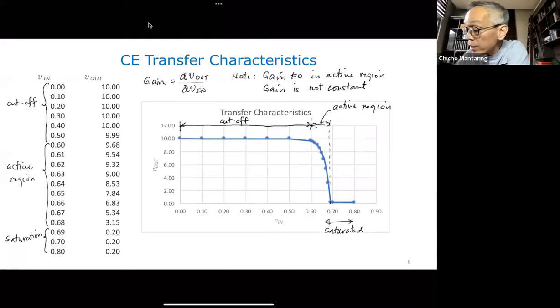Okay, what does this signify? This is the slope, right? This is the slope at the point. So, for example, my gain here, let's say I'm considering this point, no? Itong point na to, let's say I'm taking into consideration that point. My gain there will be the slope of this line.